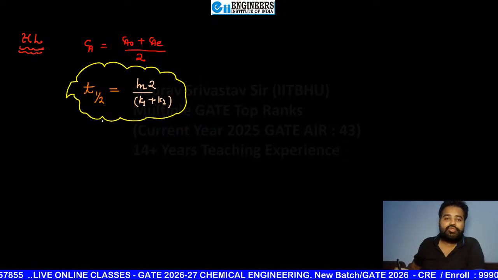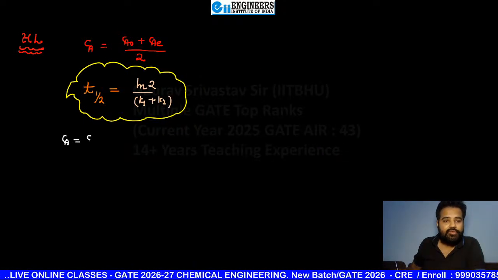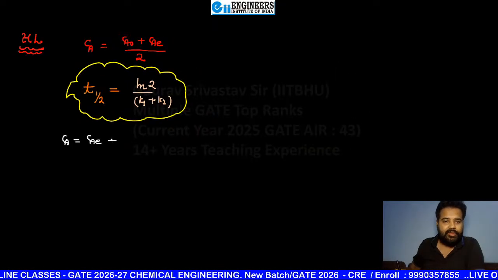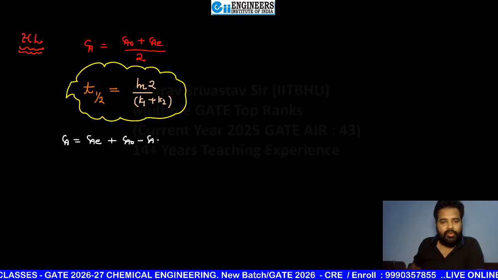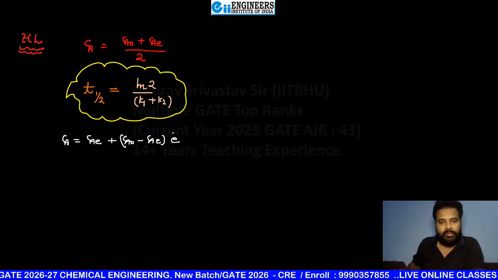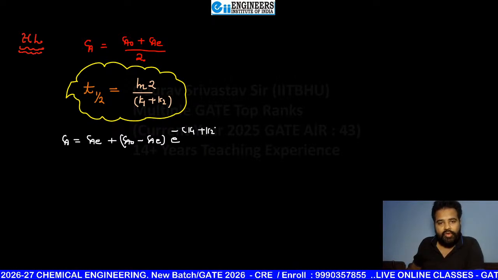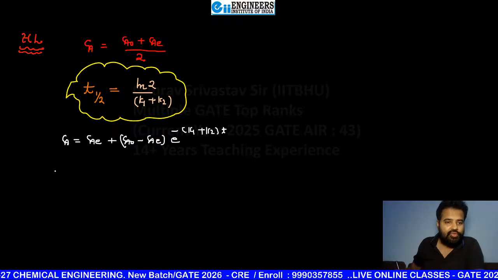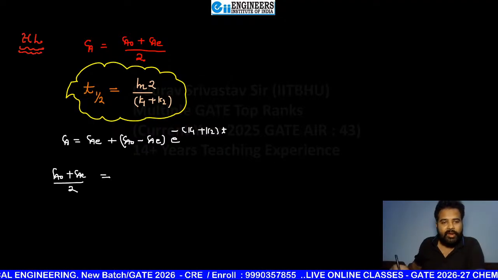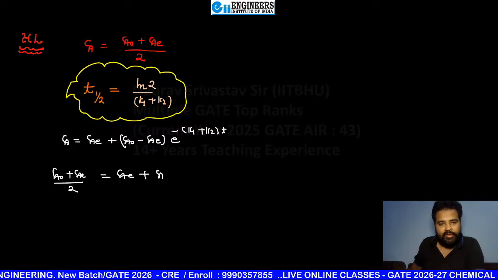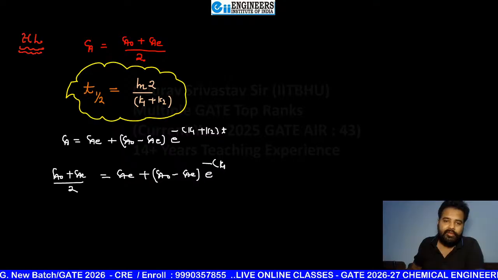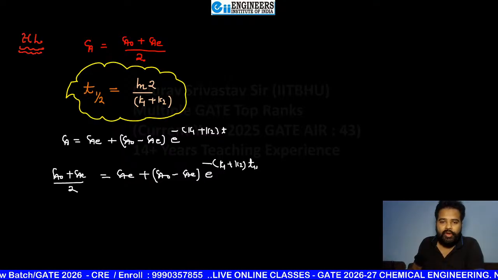So expression was CA is equals to CAE plus CA naught minus CAE e raised to power minus K1 plus K2 T. You have to put here CA is equals to CA naught plus CAE by 2, that becomes equals to CAE plus CA naught minus CAE and e raised to power minus K1 plus K2 T half.